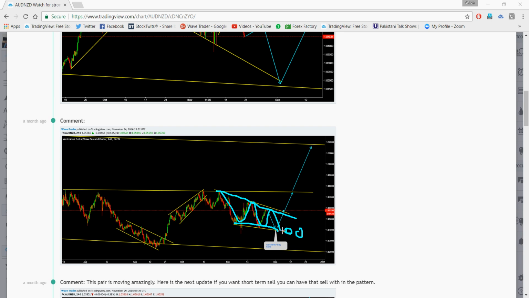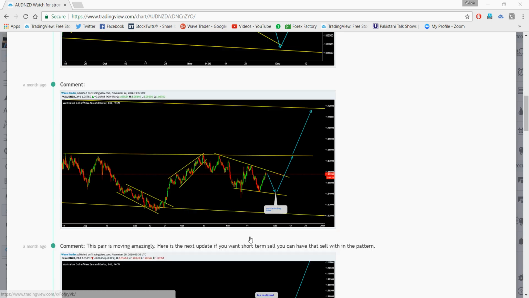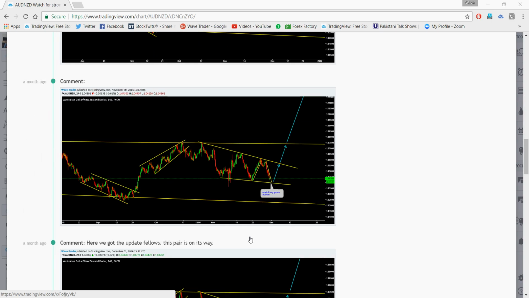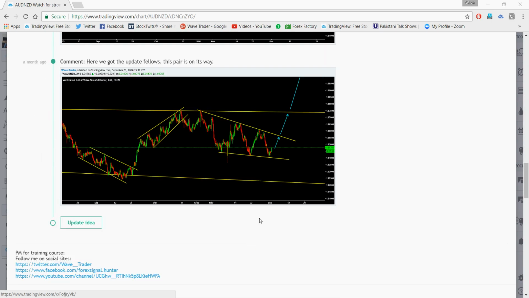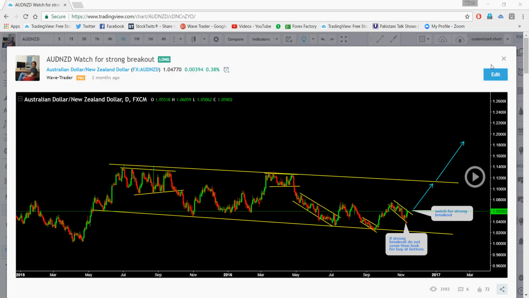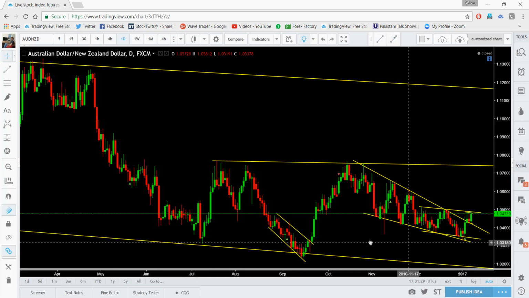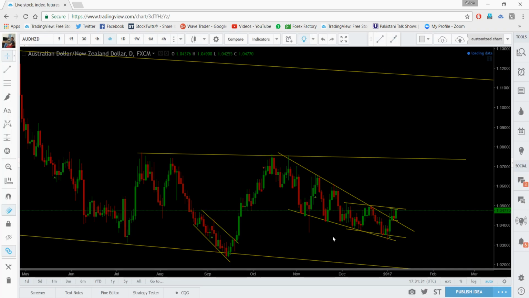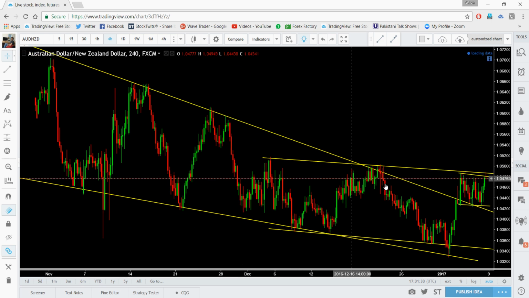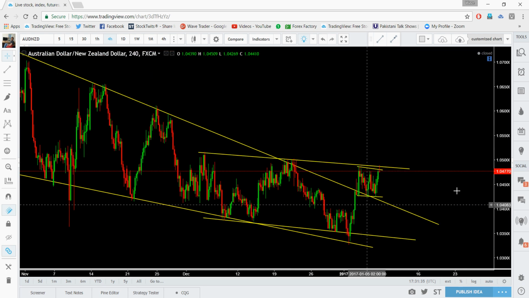Whenever price comes close to the bottom, look for a buy to the upside. All right, so more likely the price is going to rise to the upside. All right, so the buy play is going to be here.